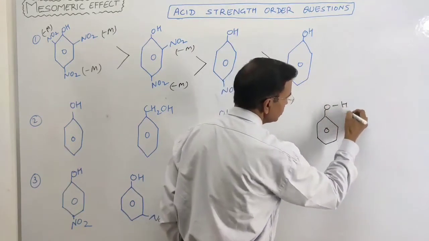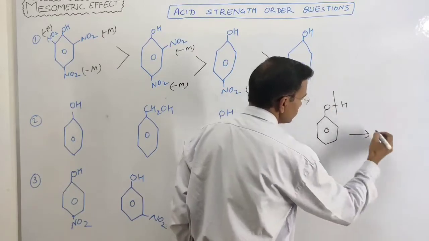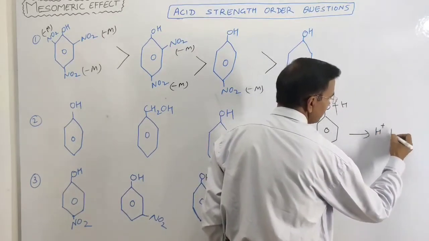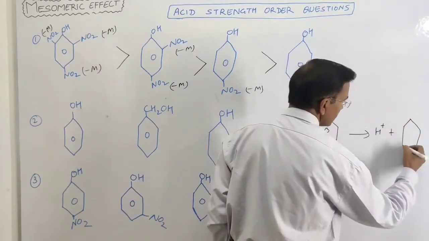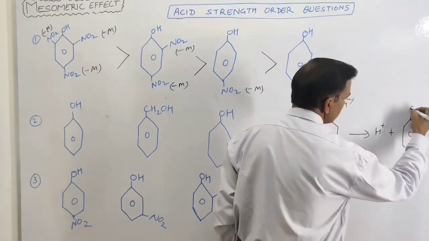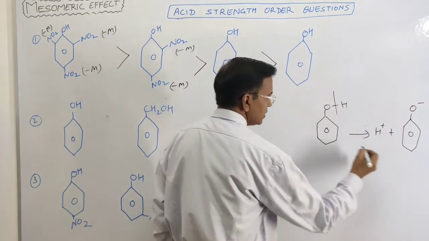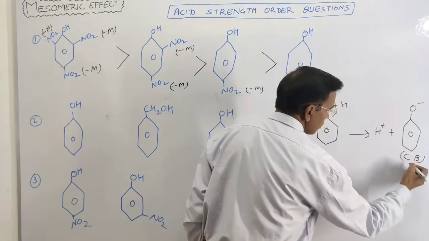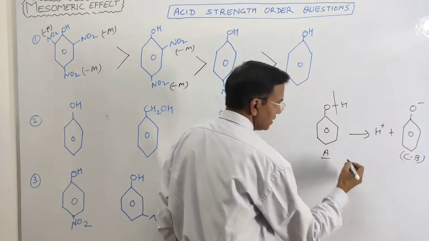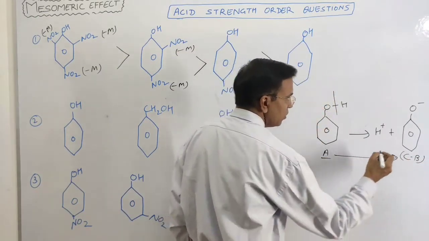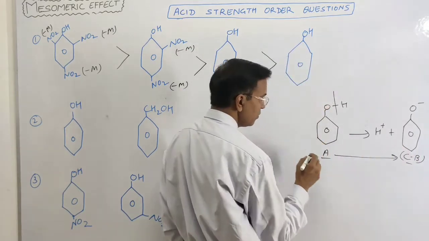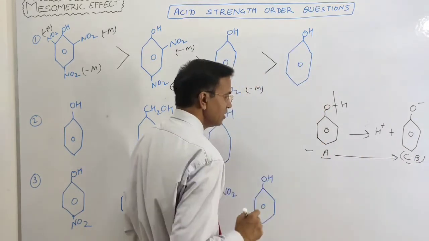This is the OH; it goes to H positive plus phenoxide ion. So this is the conjugate base of this acid, right? The more stable the conjugate base, the stronger the acid, right?